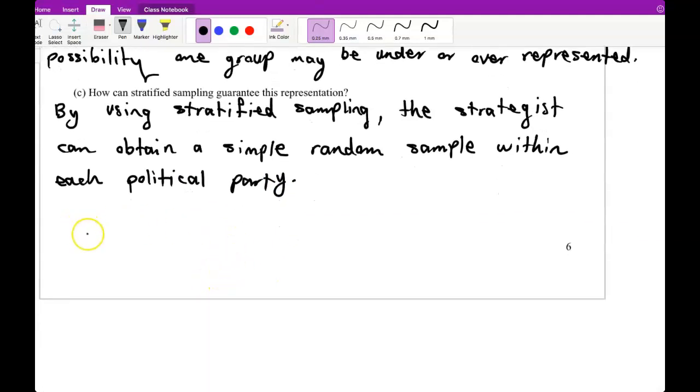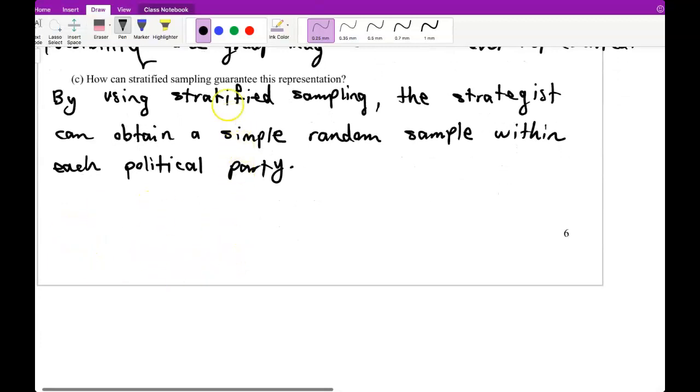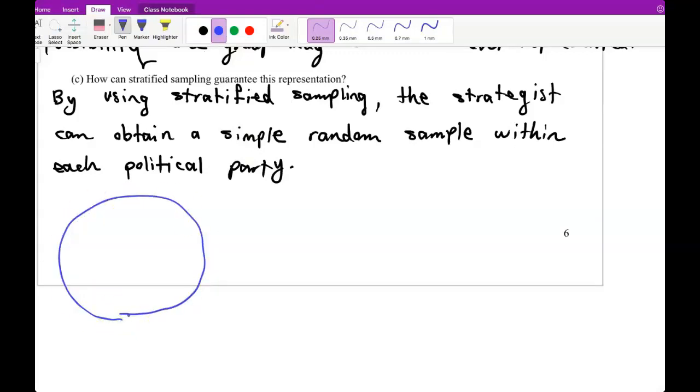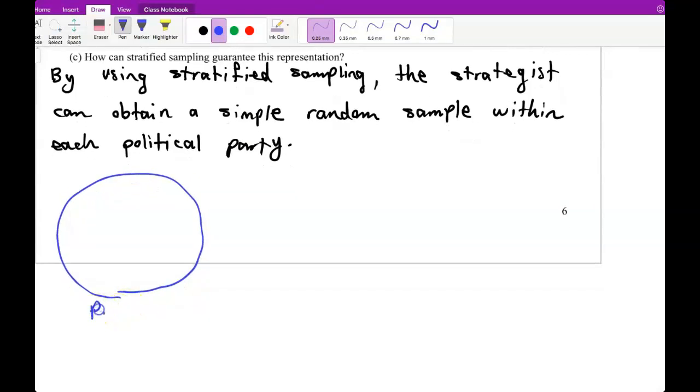Okay, I want to draw this. You don't need to draw this, but I want to explain this more. So this is our population. We have all individuals inside, and we don't know how many we have here. Then after that, we have three groups. This part is a stratum.